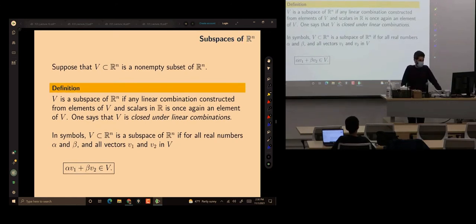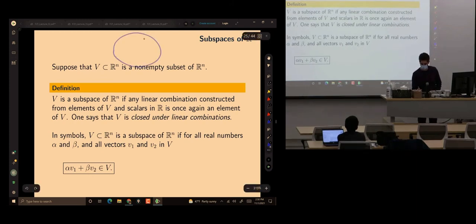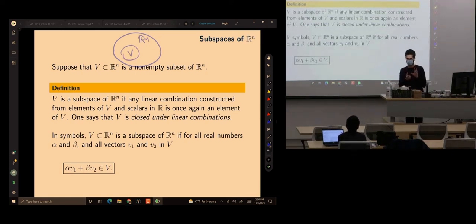Then we wanted to talk about subspaces. Rn is huge. It's the huge space of every n-vector that you can imagine. Is there any subset of that set that is special? Then that led to the notion of subspace. So imagine instead of the entire space Rn, you're talking about a smaller subset of that, a portion of that.